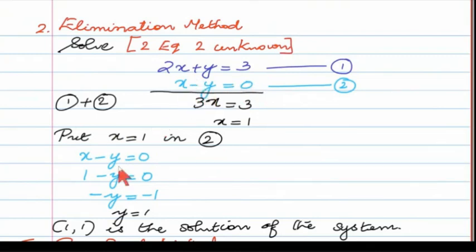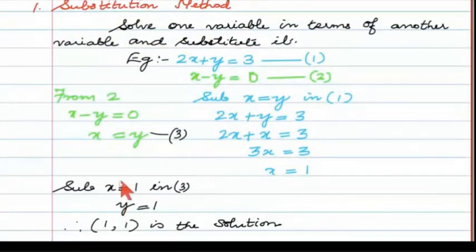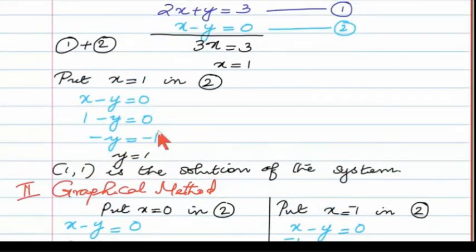Equation 2 is x minus y equal to 0. Therefore, 1 minus y equal to 0, minus y equal to minus 1 and y equal to 1. Therefore, (1, 1) is the solution of the system. We got the same value. We are using the same equations here. In the substitution method, we got the solution as (1, 1), and in the elimination method also, we got (1, 1) as the solution.